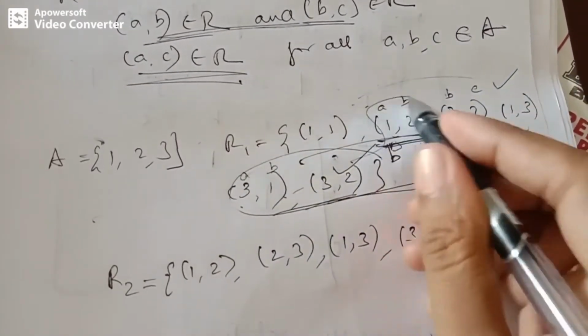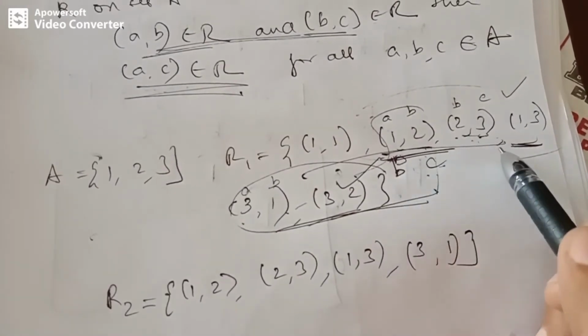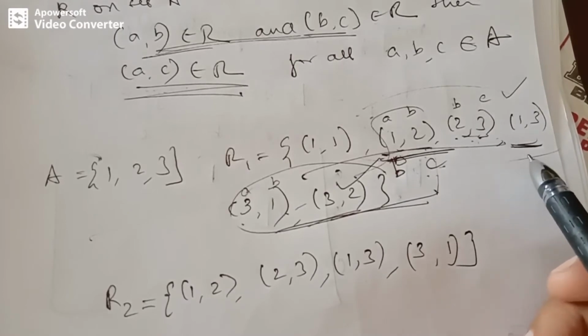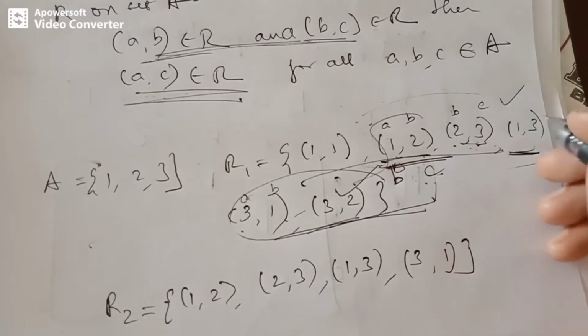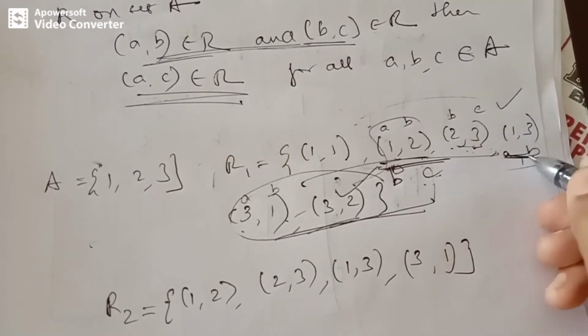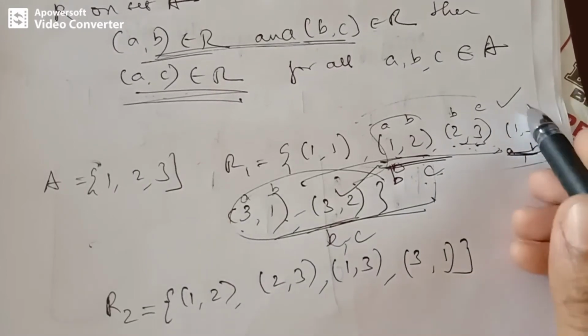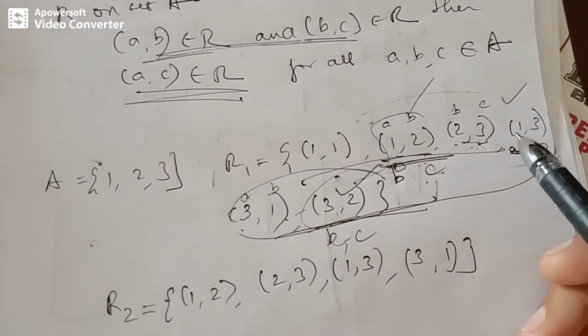Okay, so this is done. So when I check all the pairs, I observe that I am having (a, c) belongs to R. Similarly, if I check (a, b) belongs to R and (b, c) belongs to R, do I have (1, 2)? Yes, (1, 2) exists. Okay.